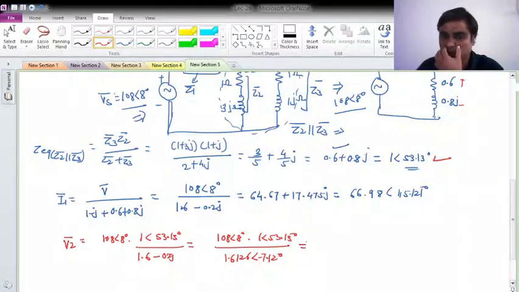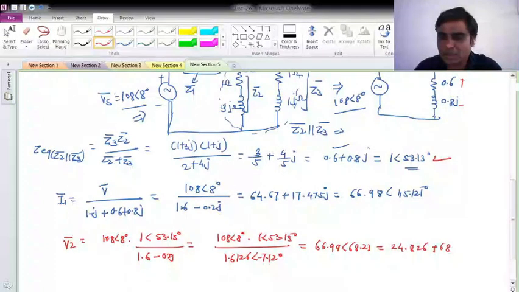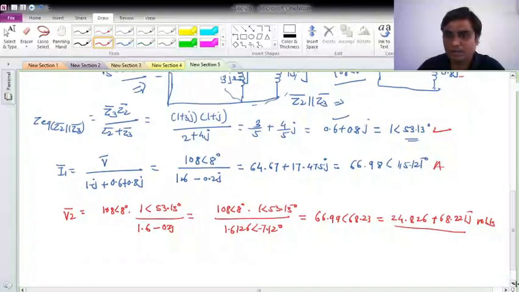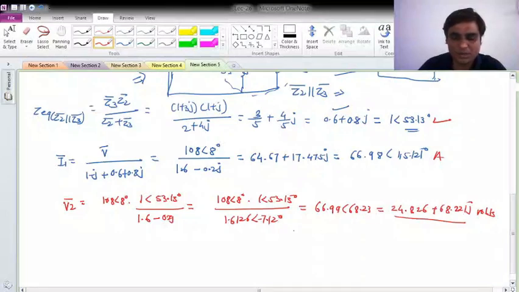This comes out to be 66.99 with angle 68.23 in polar form, and its rectangular form is 24.826 plus 68.221j volts. Similarly, this will be amps. Okay, now I know V2 phasor.